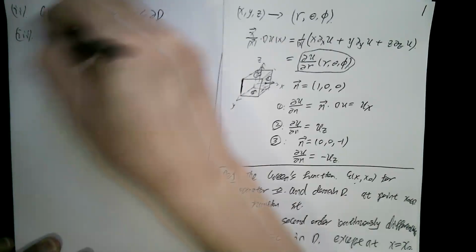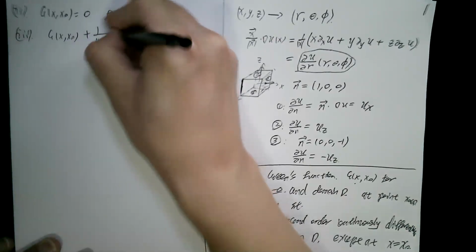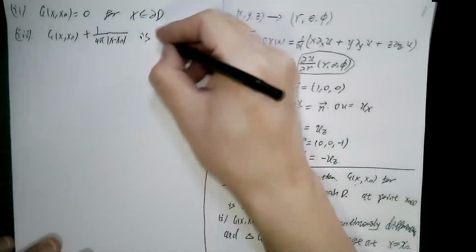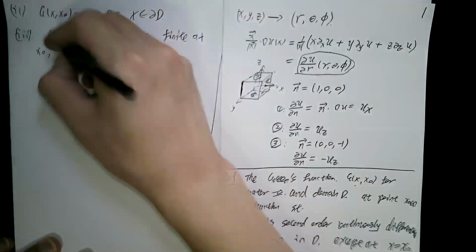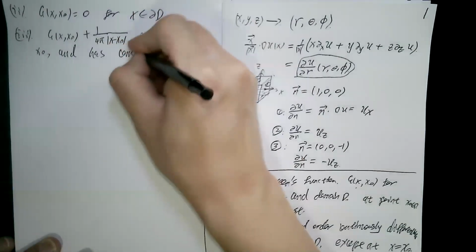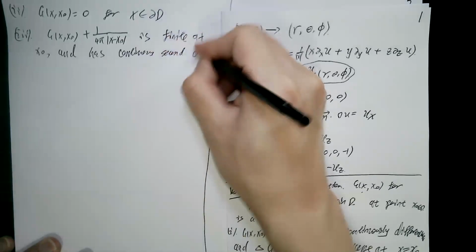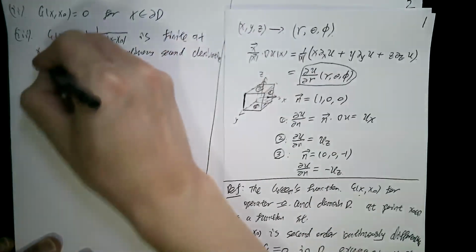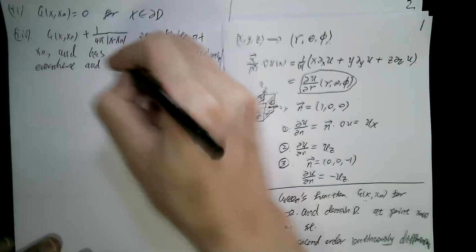G(x, x0) plus 1 over 4 pi |x minus x0| is finite at x0 and has continuous second derivative everywhere and is harmonic at x0.